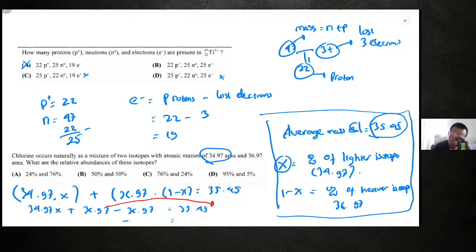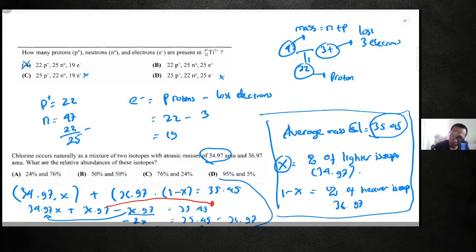It should be minus 2X, because this minus this one. And then this side is 35.45 minus 36.97. After calculation, we end up getting X is 0.76. And then we can plug this number into this equation.